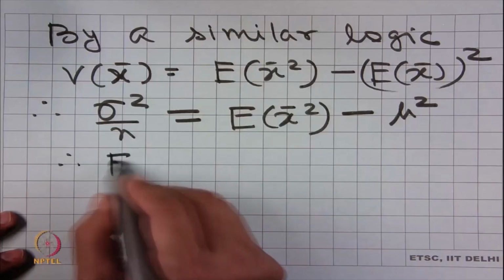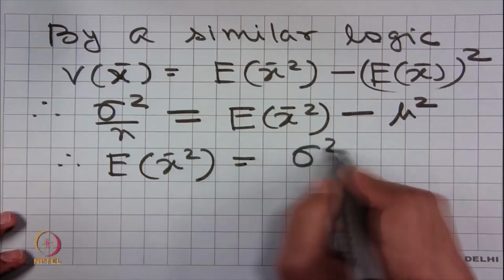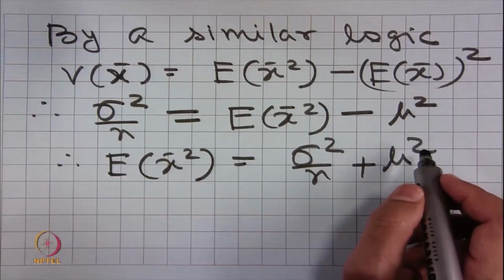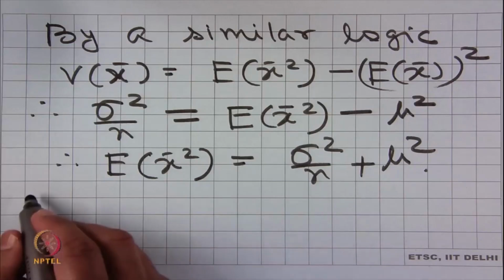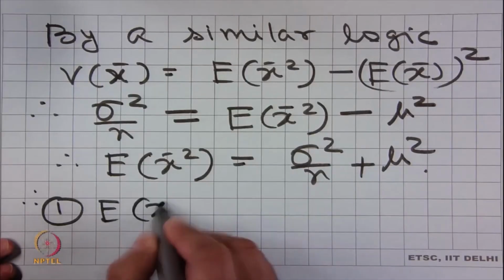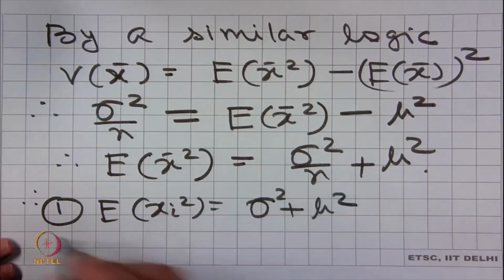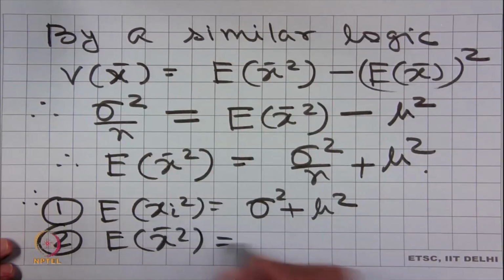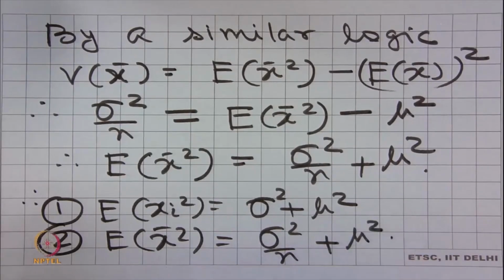Therefore, expected value of x bar square is equal to sigma square by n plus mu square. So, we find that 1, expected value of x I square is equal to sigma square plus mu square. 2, expected value of x bar square is equal to sigma square by n plus mu square.